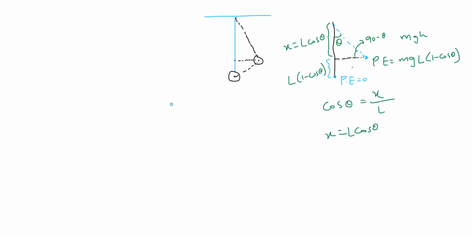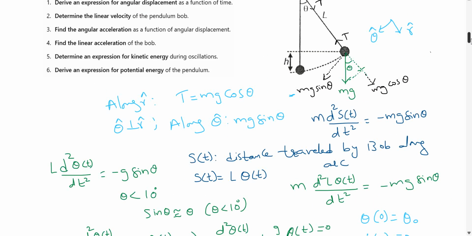So now we got potential energy, which is mgL(1 minus cos theta), and we know that 1 minus cos theta is equal to 2 sine square theta by 2, but that is not so feasible for us anyway. So we may just keep it as 1 minus cos theta. This is the potential energy, and the kinetic energy is what we achieved previously.